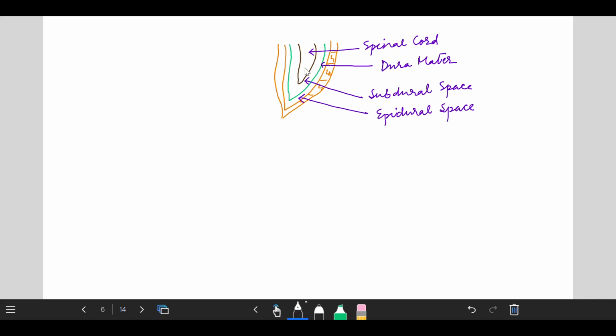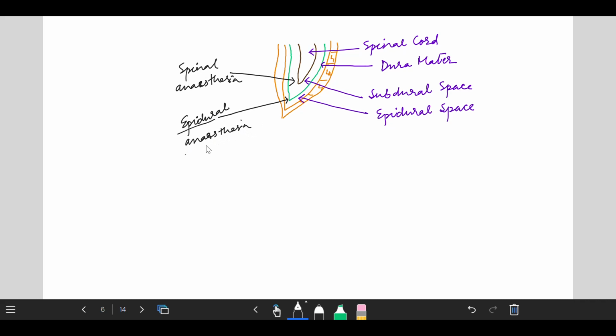Okay? So, what is spinal anesthesia? When you are applying anesthetics to this layer, this subdural space, that is spinal anesthesia. And when you are applying anesthesia to this part, that is epidural anesthesia.